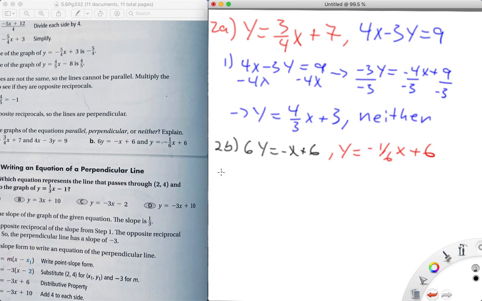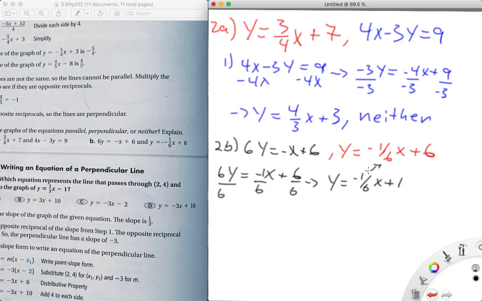So it's 6y equals negative x plus 6. I'm just going to divide everything by 6 because we want y by itself. Remember, there's a 1 in front of that x. So that gives me y equals negative 1/6 x plus 1.